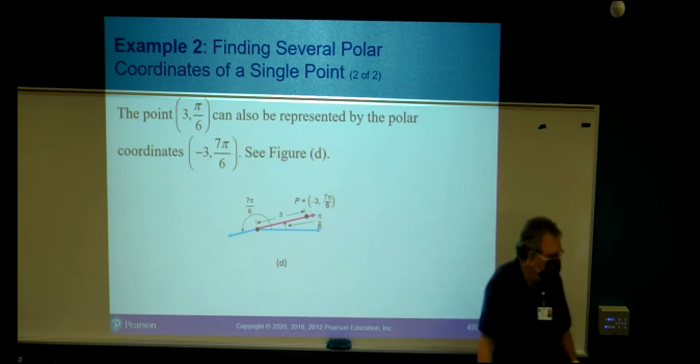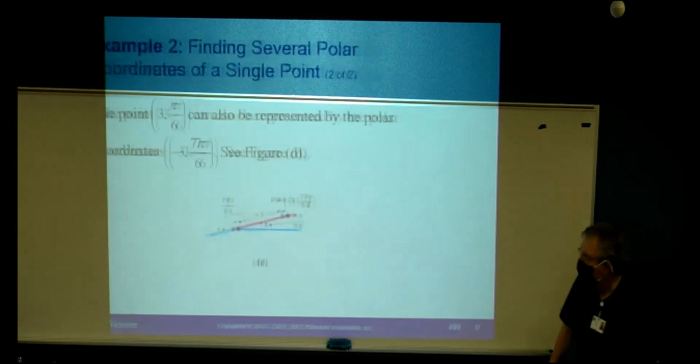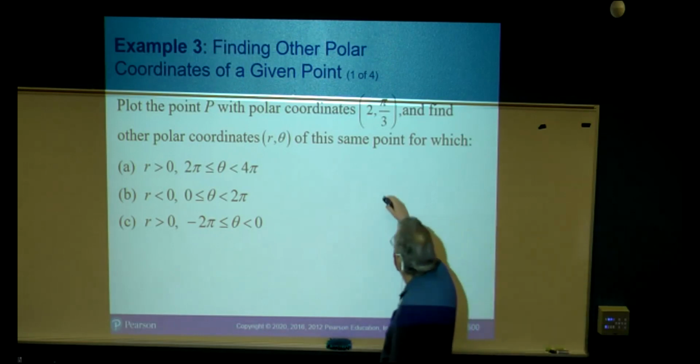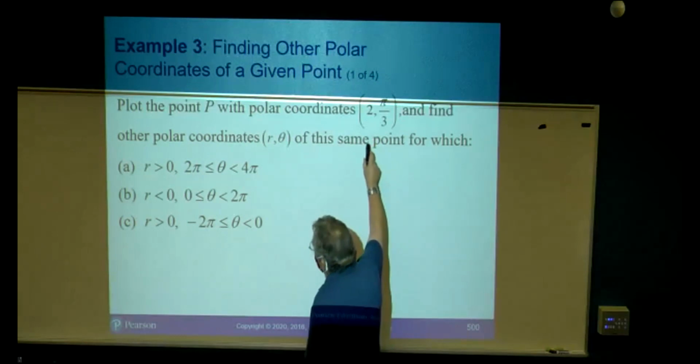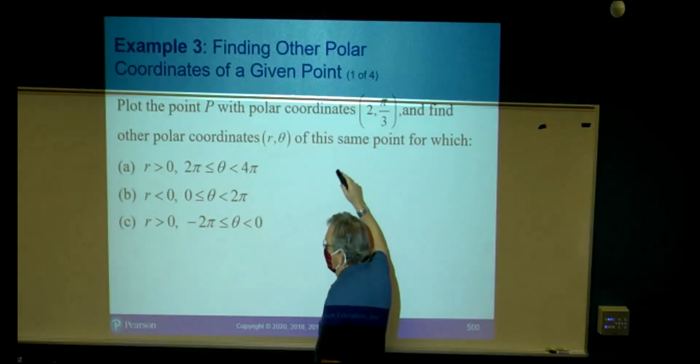Okay, so to plot the point with those coordinates, and then you can find other points that are the same point. It's just their coordinates are going to be different.